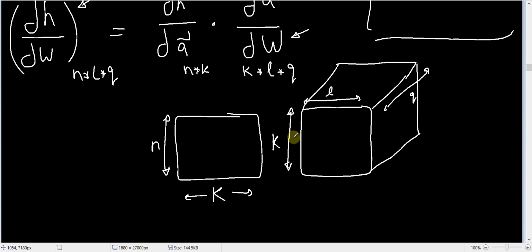The first thing to do is you flatten this third dimension and transform this cube into a rectangle having dimensions of K as height and L by Q as width, and then perform the multiplication and then unflatten things back if you want.